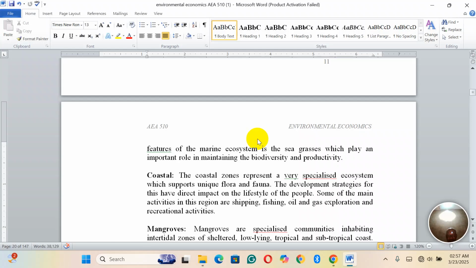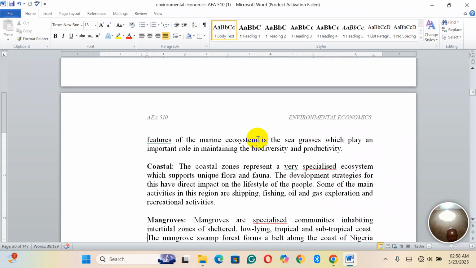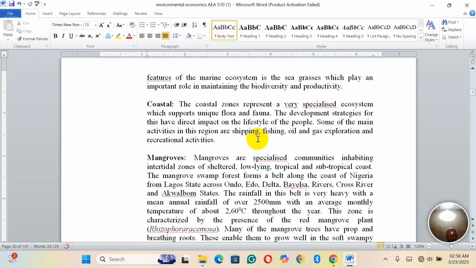Some of the main activities in the regions are shipping, fishing, oil and gas exploration, and recreational activities. Then we're also looking at the mangroves. The mangroves are specialized communities inhabiting the intertidal zone of sheltered, low lying tropical and subtropical coasts.